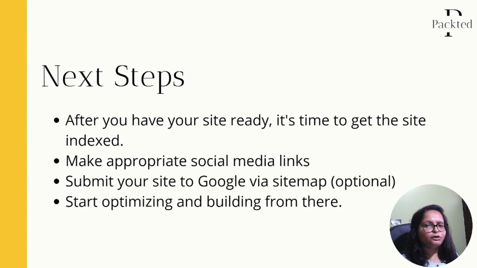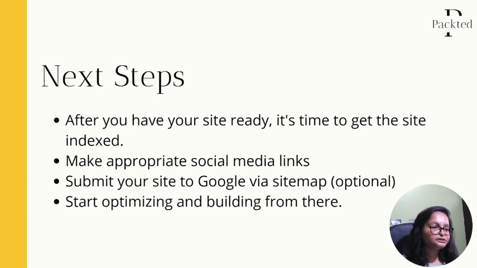If you want Google to trust your site, then you can make the social media links. Make social media links on the platforms that you are actually going to post. You don't have to make links just for the sake of it. Maybe you are going to post on Instagram, or maybe on Twitter, or LinkedIn. So make appropriate social media links.